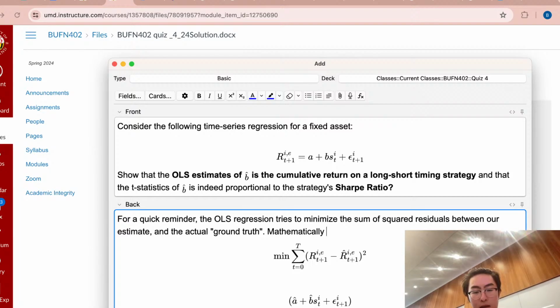Mathematically, this becomes... Okay, so we want to minimize the sum of these squared residuals between the actual and the predicted.